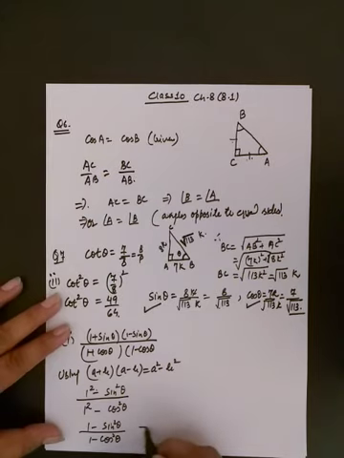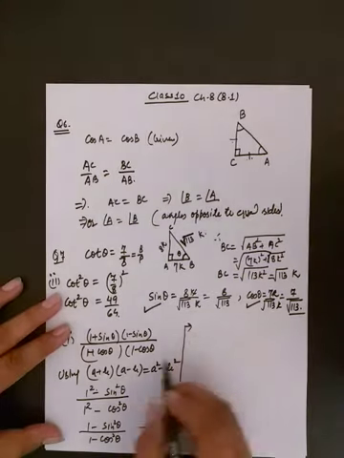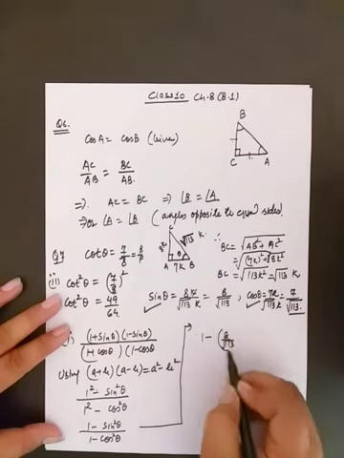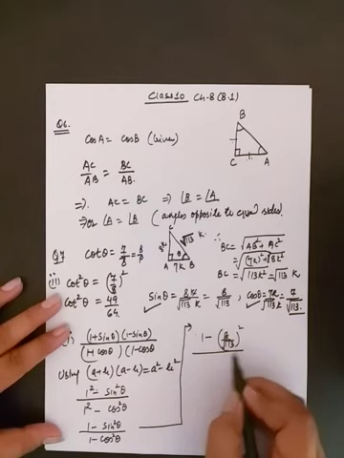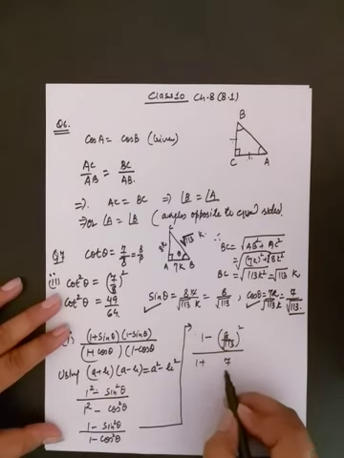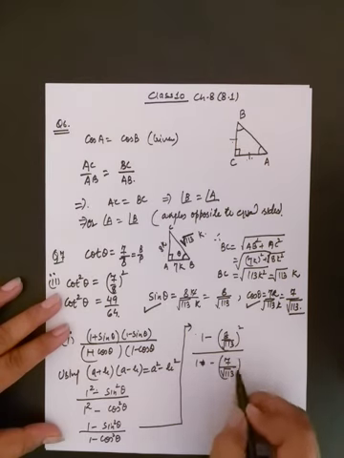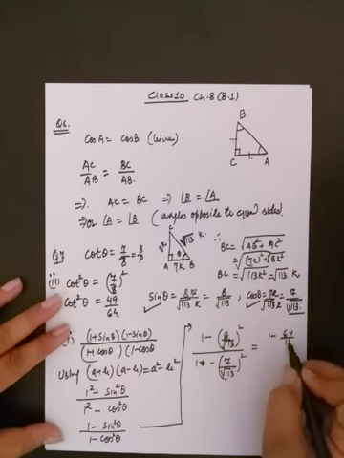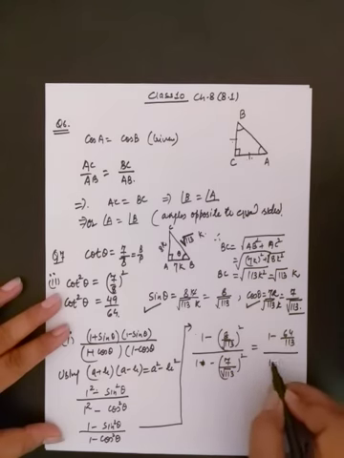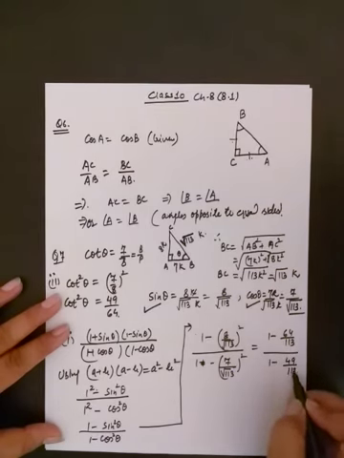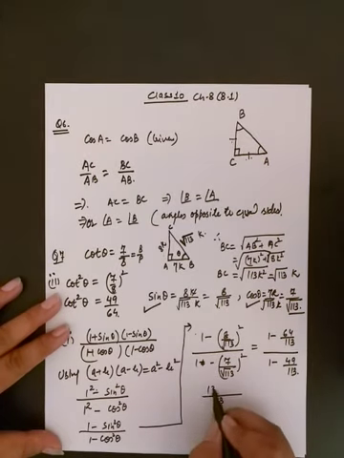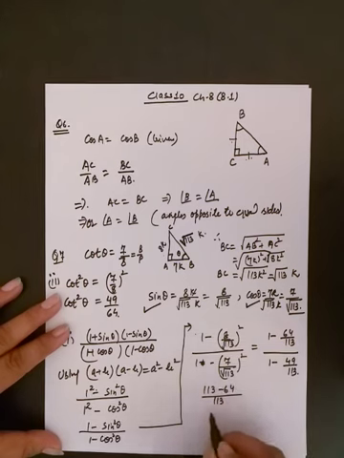Now we can put the values of these trigonometric ratios as 1 minus (8 by root 113) square, 1 minus (7 by root 113), this is minus and square. Whenever we solve it, we will get 1 minus 64 by 113, 1 minus 49 by 113. Now by taking the LCM as 113, we can solve these.